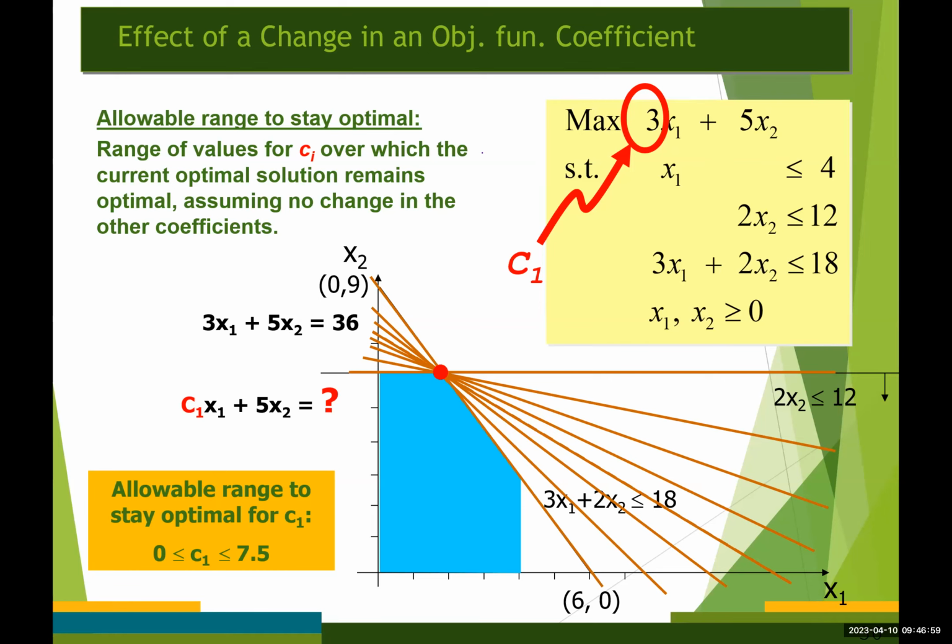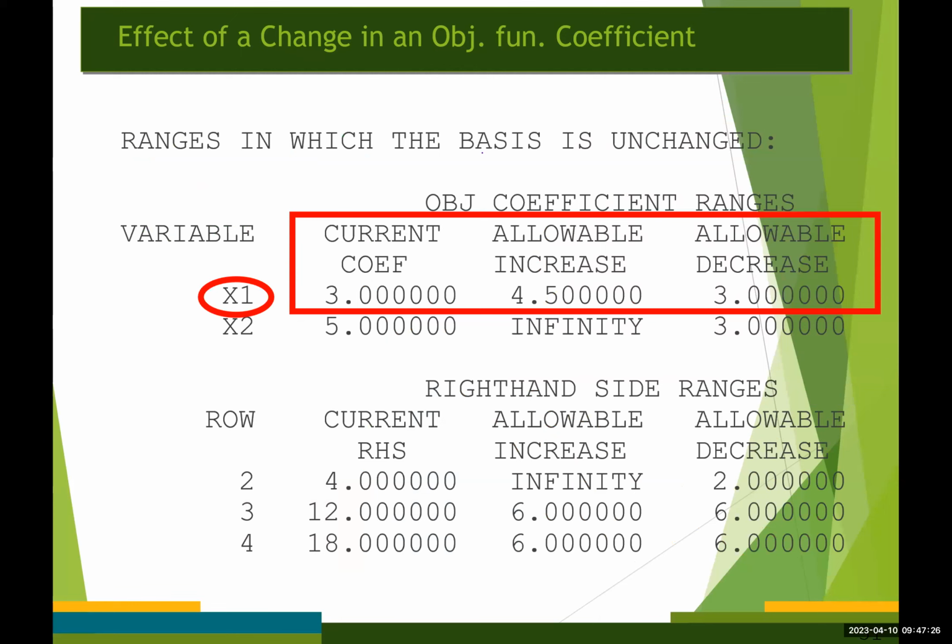So this range defines the range in which the objective function coefficients can vary without changing the optimal solution. And of course, Lindo and Lingo provide us these allowable ranges to stay optimal for C sub 1.